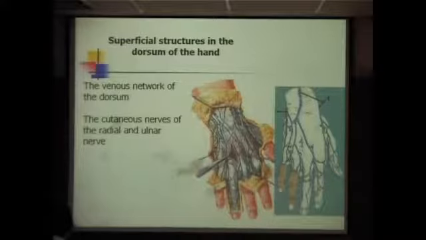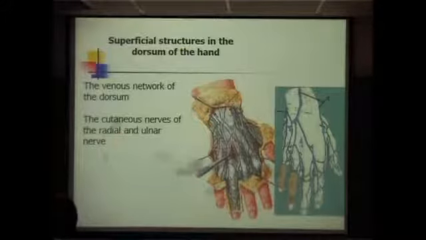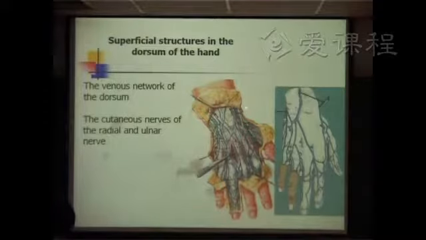We call them the dorsal venous network of the hand. They give the origin to the cephalic and basilic veins. And some cutaneous nerves of the radial and ulnar nerves are distributed on the dorsum of the hand, like this. These nerves and this vein network.